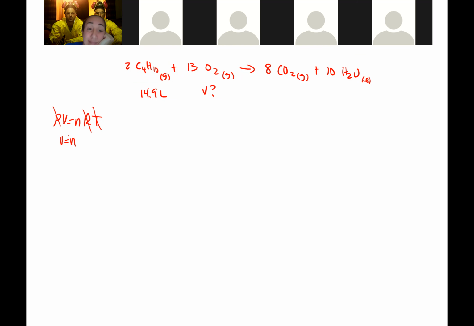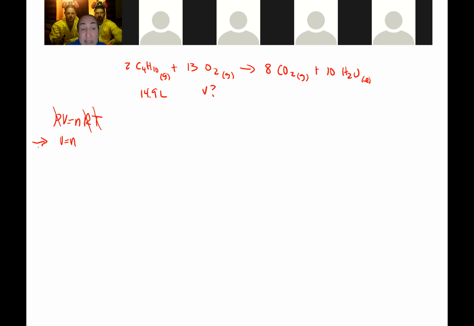Avogadro's law. What does Avogadro's law tell you? It has to do with volume and gases and the moles and them being equal. Look at the equation that we're left with.